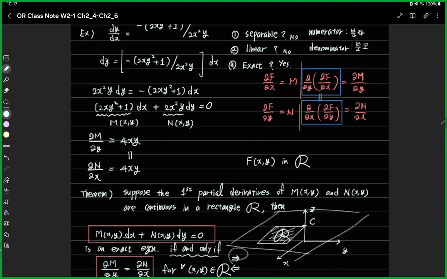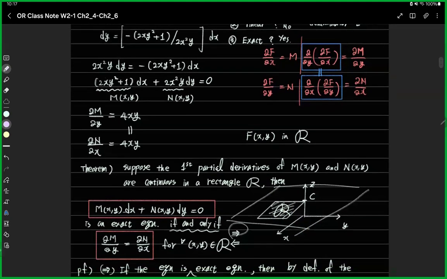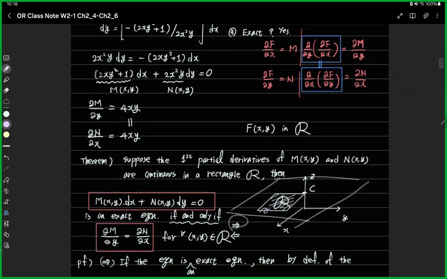So that's what we assume, that the rectangle is right here in the xy plane. That's actually just the domain. So we assume that the first partial derivatives of M and N are continuous on that domain.